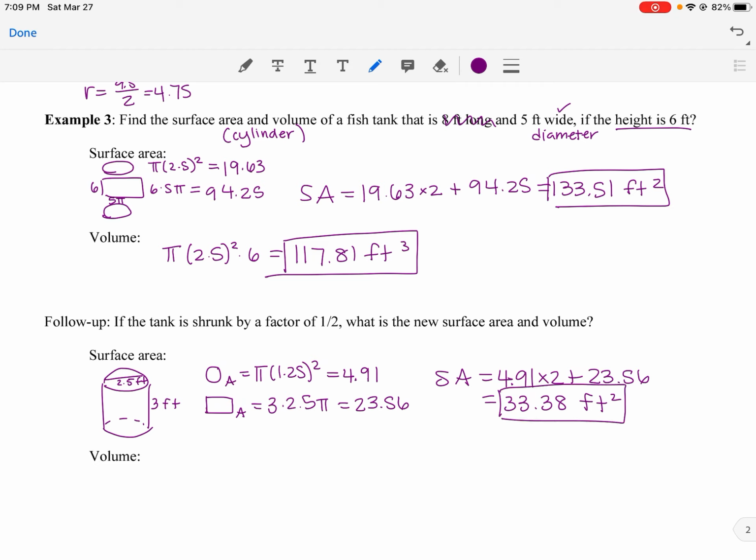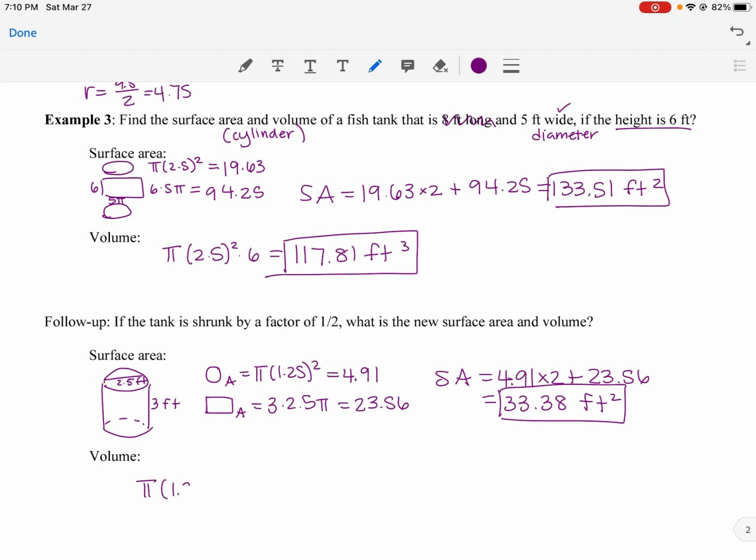If you want to know something kind of cool here, as you look at the ratio between that and our previous answer, the 133.54, that's about 1/4 of it before, and that makes sense because 1/2 times 1/2 is 1/4. So if you wanted to think about that in terms of volume, you're multiplying 1/2 by 3, so 1/2 times 1/2 times 1/2. So this new volume should be about 1/8 of the original size.